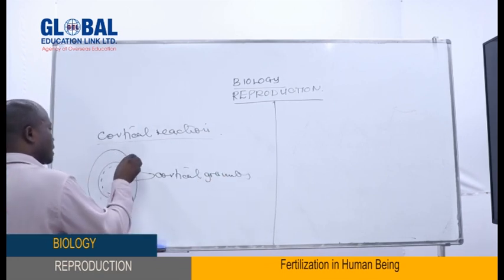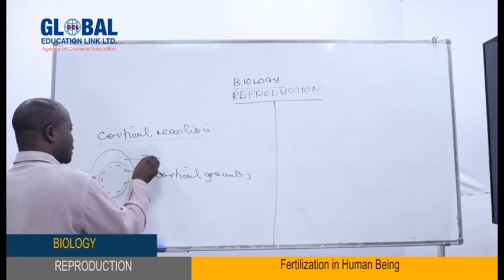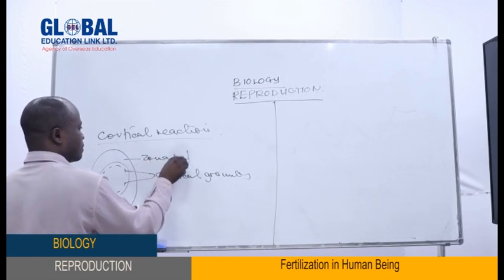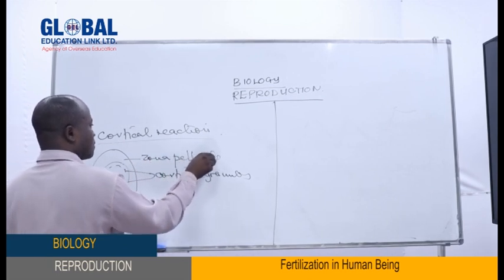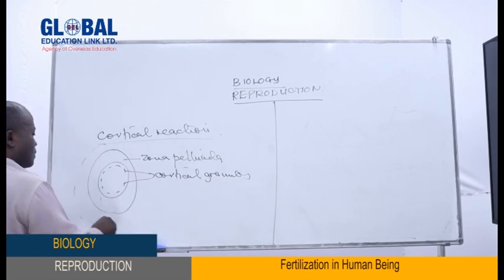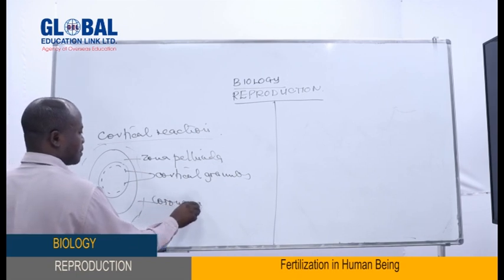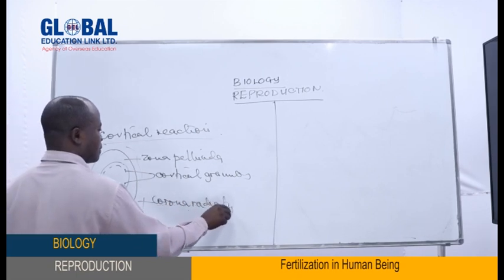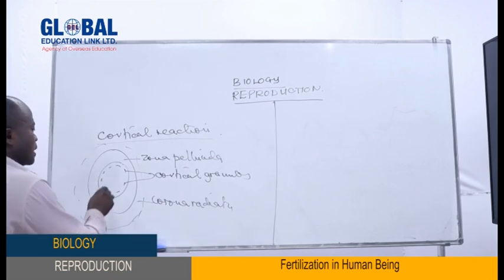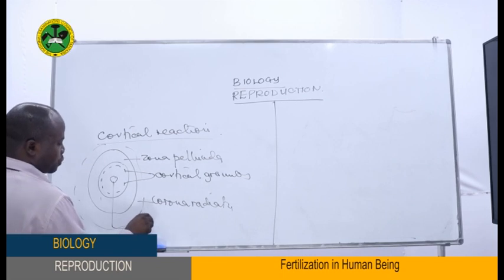And also, there was the zona pellucida. And outside, there was the corona radiata. Inside the cytoplasm, there was the nucleus.